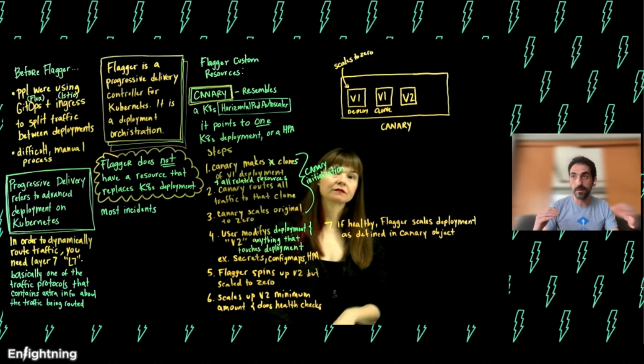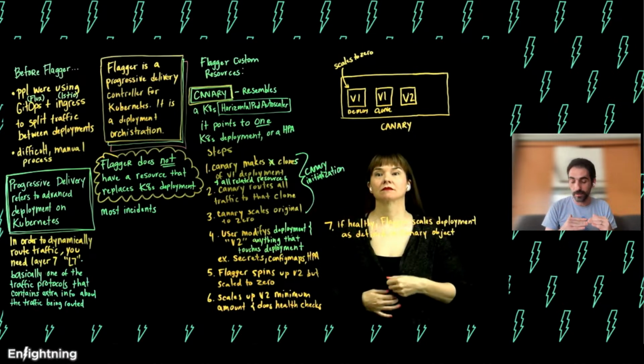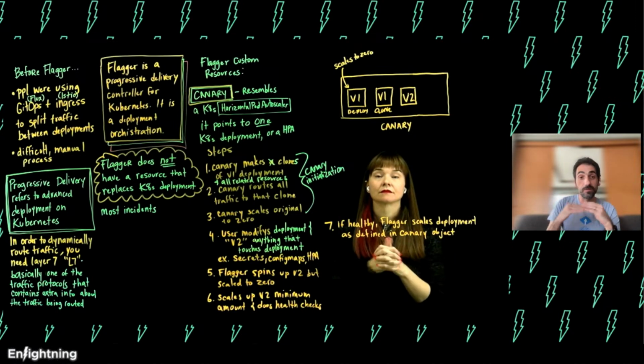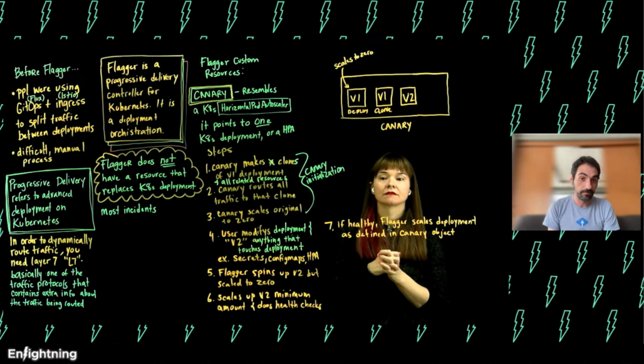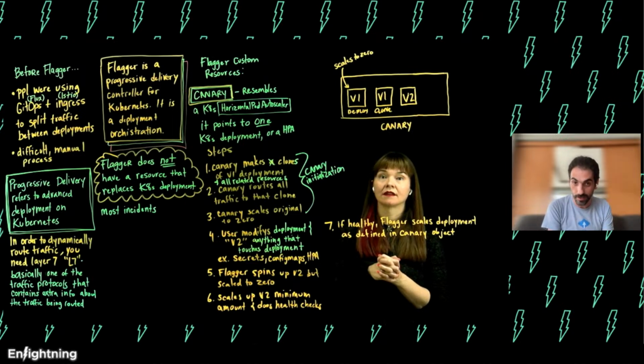The idea is after the version 2 of the deployment is healthy, you can instruct Flagger to run some smoke tests, let's say, right? And not trust only the Kubernetes readiness and liveness check, run more advanced things specific to your application.